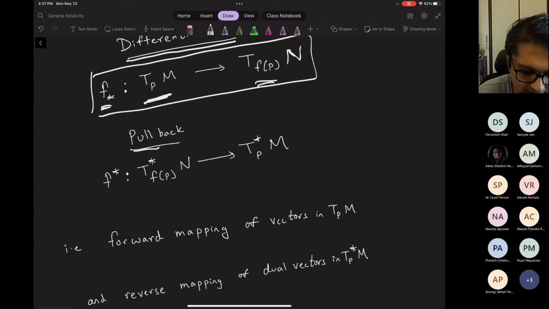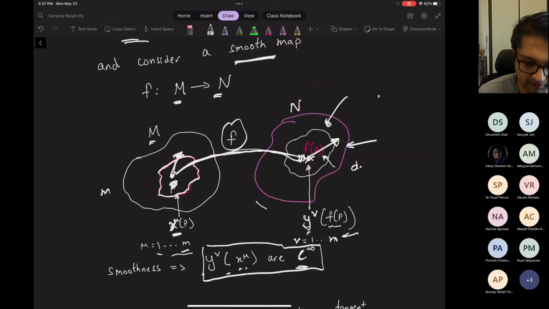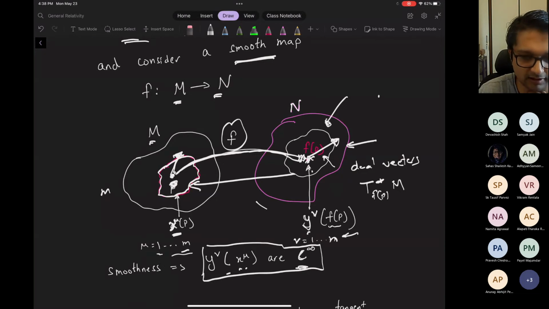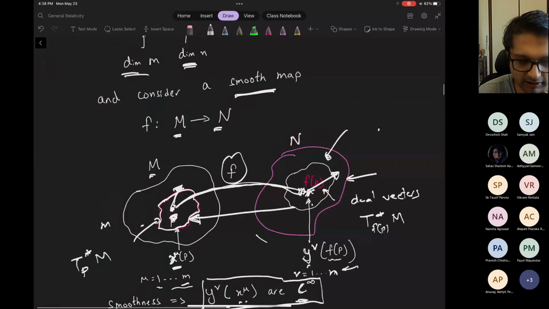The second claim is that there exists something called a pullback map, and this pullback map is a map from dual vectors. That is, I construct a dual vector here, belonging to T star F of P on N, and given a dual vector here on N, it maps me to a dual vector at the point P. That is, I get something in T_P star M. It's called a pullback because the map goes in the opposite direction.